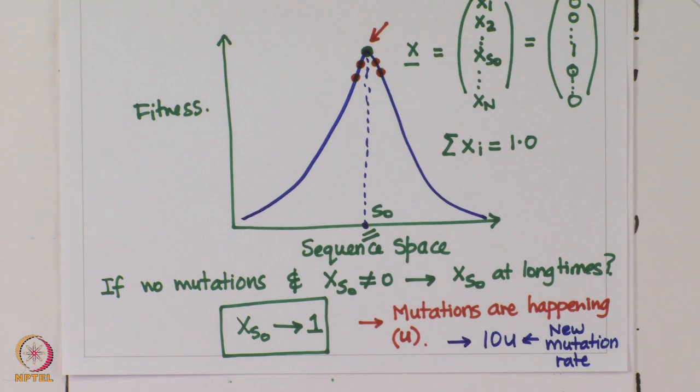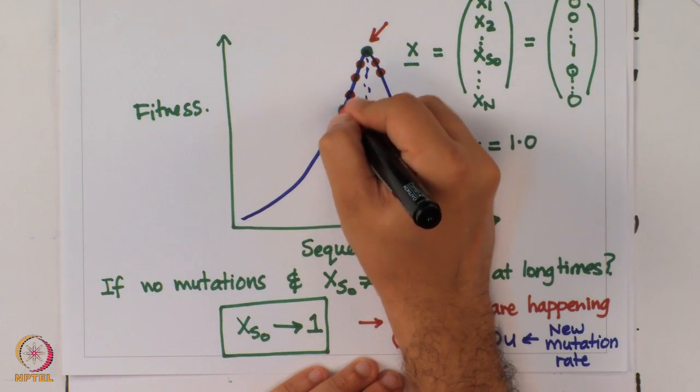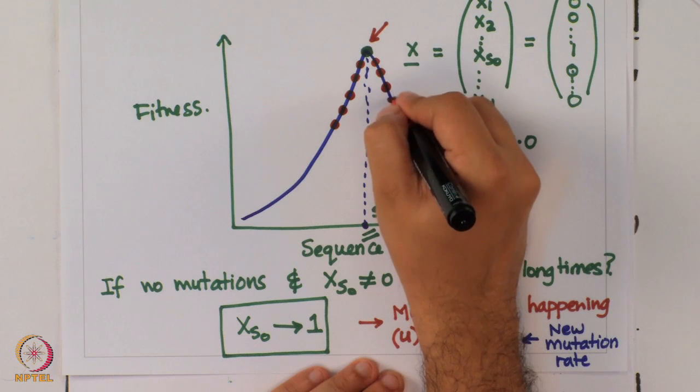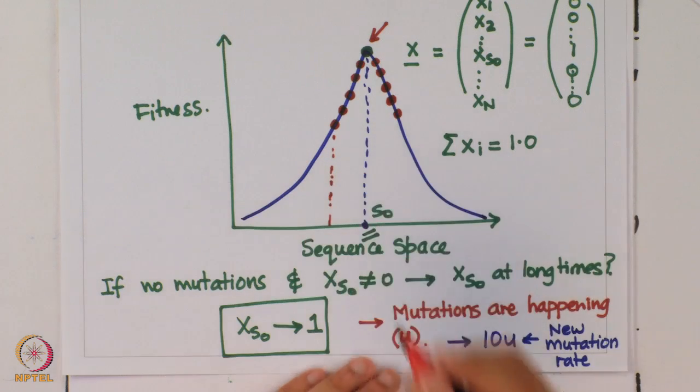Again, think about this and see if you can develop an intuitive picture as to what should happen at steady state. Now, what should come to mind is that the distribution of the population around the peak gets widened as mu increases, and now you have more genotypes available at steady state which are coexisting with the fittest genotype that's defined by the sequence S naught. So, in this case of mutation rate equal to 10 mu, the spread at steady state would be even wider, and perhaps you would see individuals corresponding to genotypes as far away from S naught as depicted here.